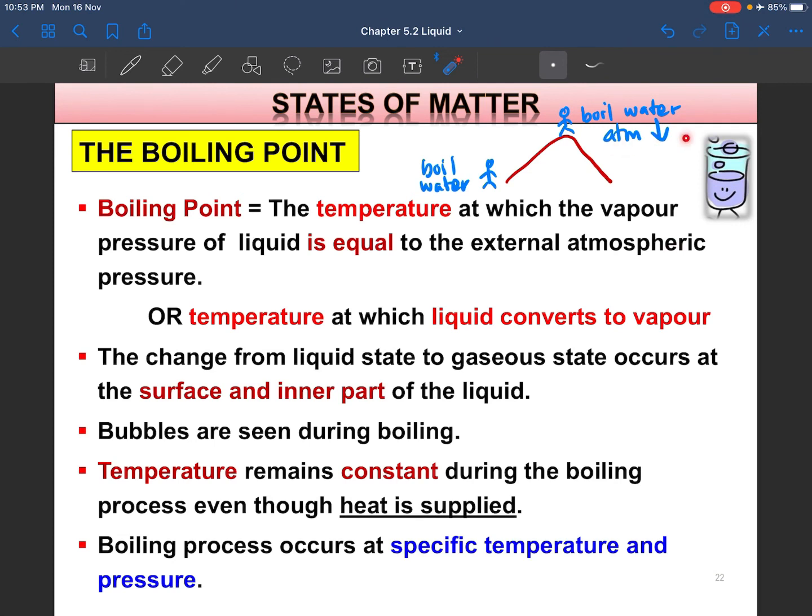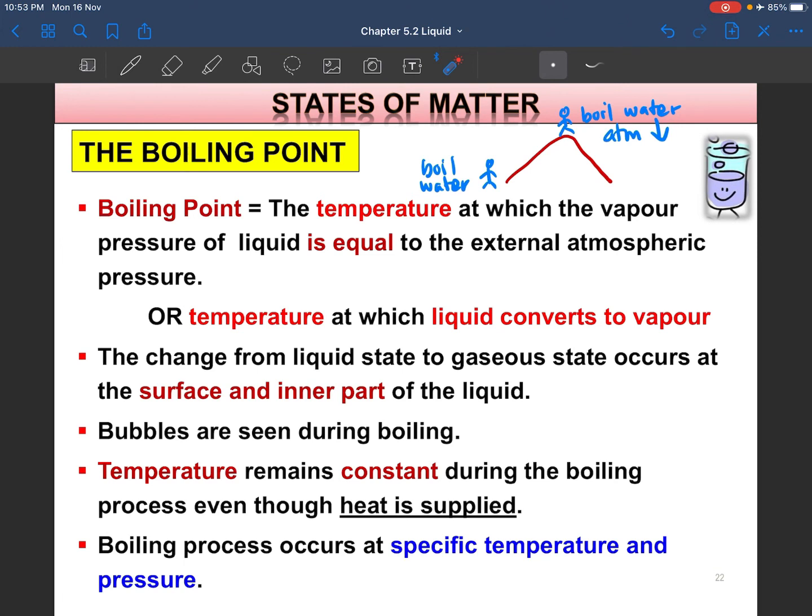So kalau external atmospheric pressure rendah, that means temperature yang diperlukan untuk boil water pun rendah lah. Kalau dekat sea level, kita punya atmospheric pressure is 1 atm. Yang atas gunung ni below than 1 atm. Kalau at 1 atm, kita nak boil water, perlukan suhu sebanyak 100 degree Celsius.